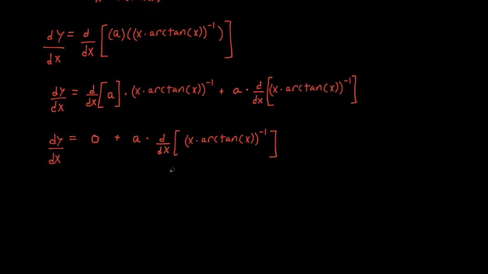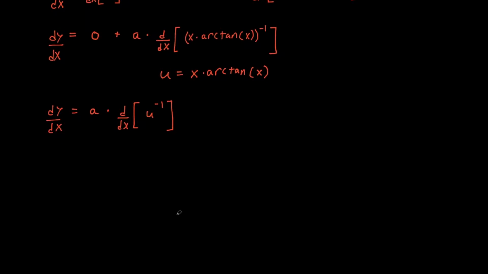So we can use chain rule here by saying u equals x times arctangent of x, and then we can rewrite this as dy dx is equal to a times, and I just got rid of the 0, the derivative of u to the -1.